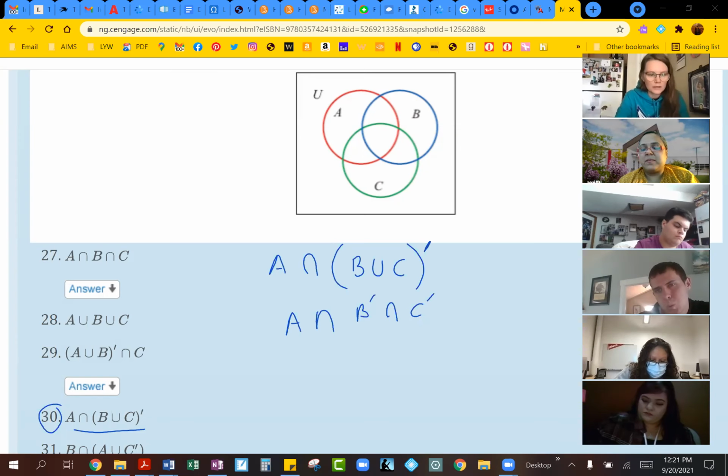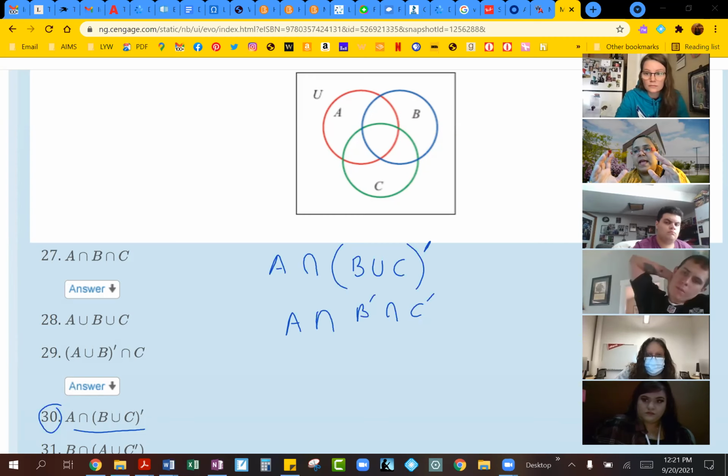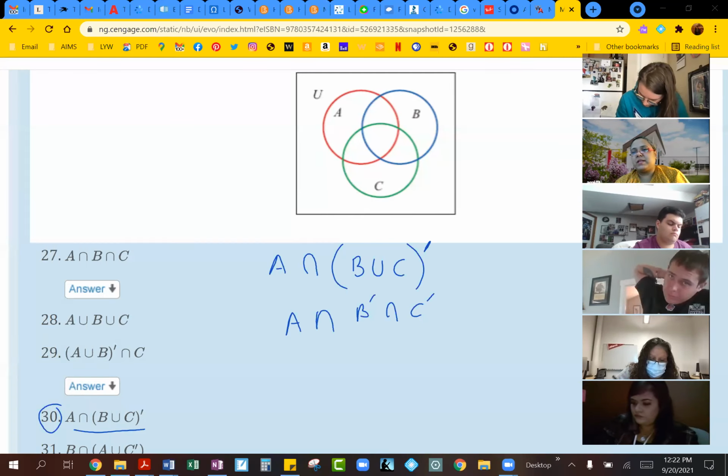I'll give you guys a couple seconds to think about. Look at the 3 overlapping circles. If you have scratch paper and pencil, that will definitely help you out the best. Draw your little rectangle with the 3 overlapping circles, and then see where B complement, C complement, and A intersect with each other, and what do you think will be the shaded part of our Venn diagram?